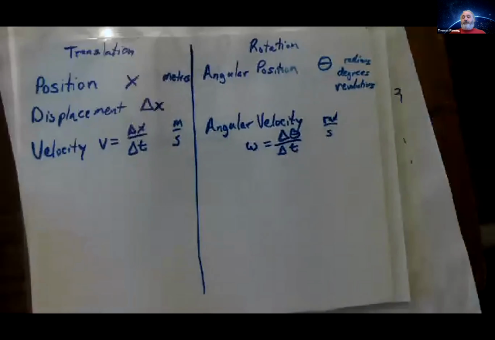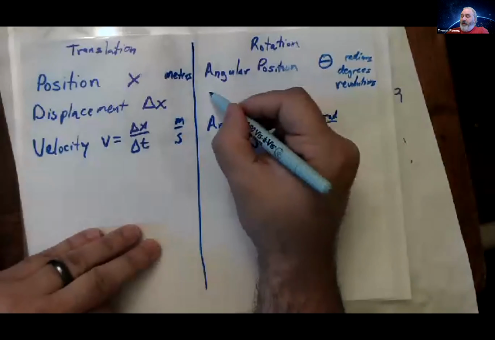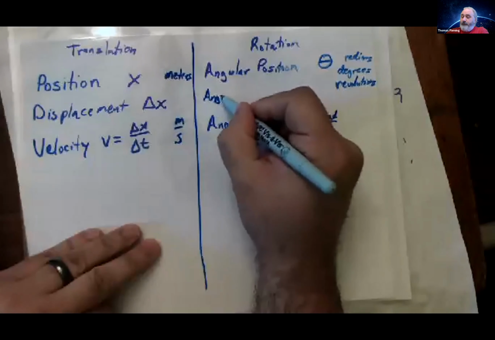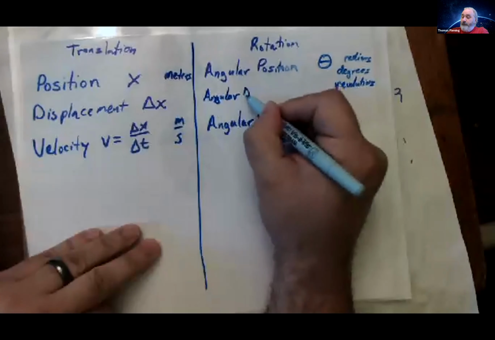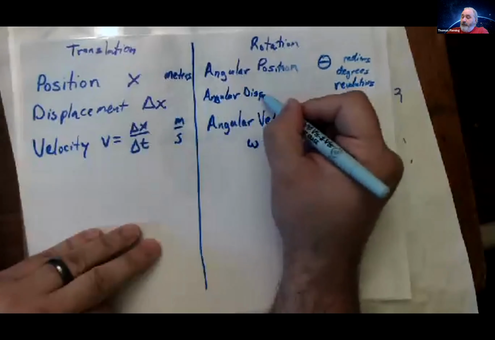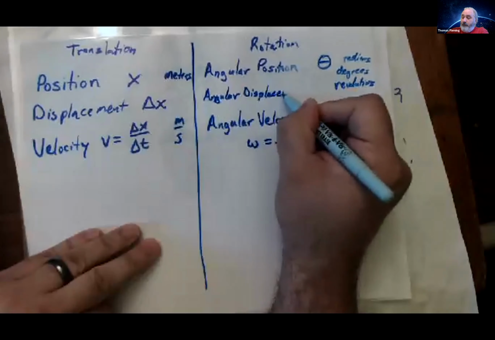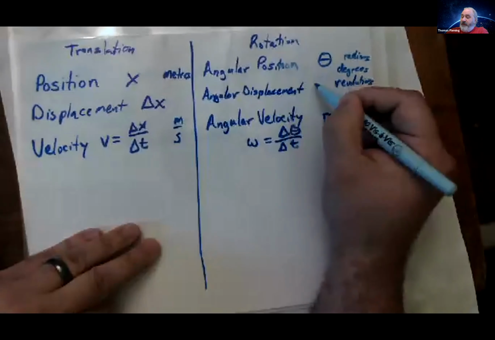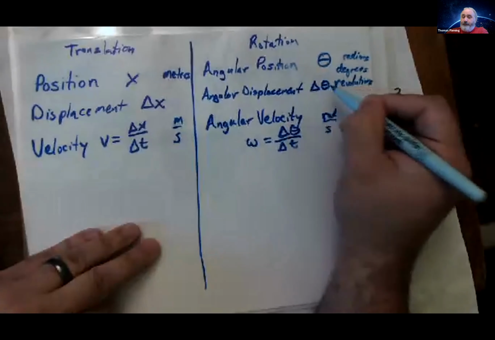All right, what's your question? Does displacement not have a rotation side? Oh, you could have had an angular displacement. I just didn't write it. And of course, that would just be delta theta.